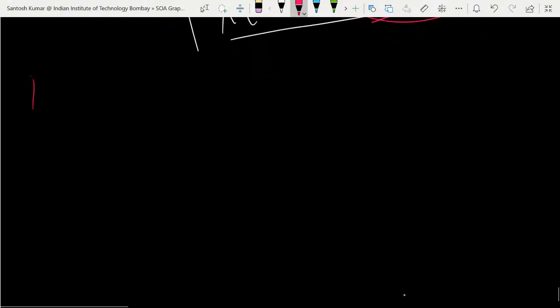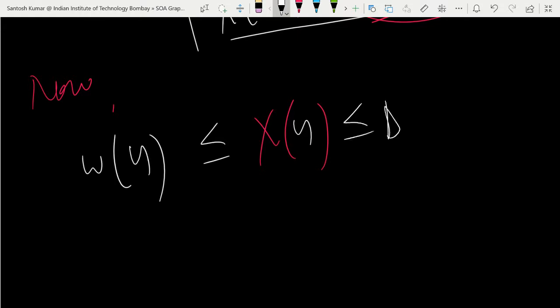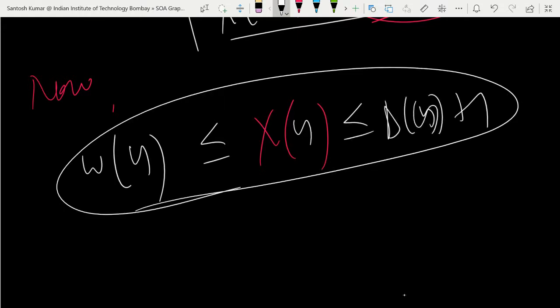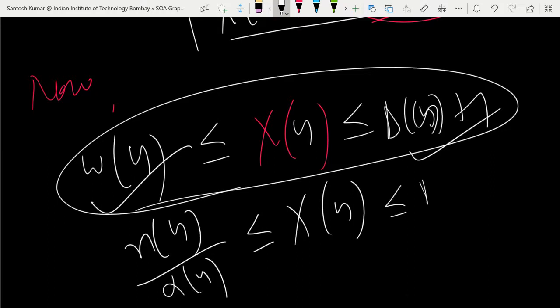You had the lower bound: chromatic number is greater than or equal to the clique number, and less than or equal to delta G plus 1. There is one more lower bound, the order over the independence number, and less than or equal to this.